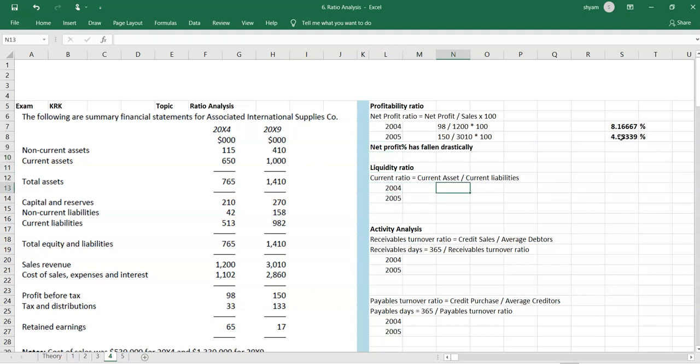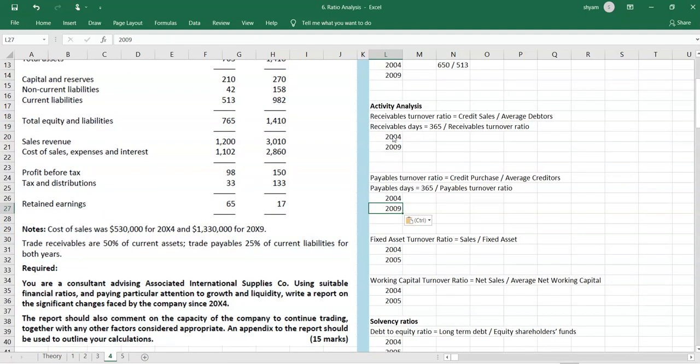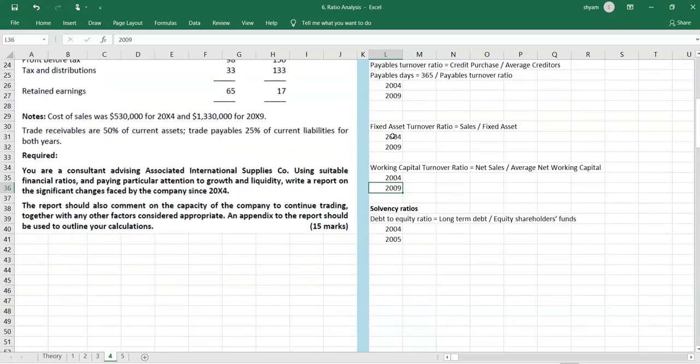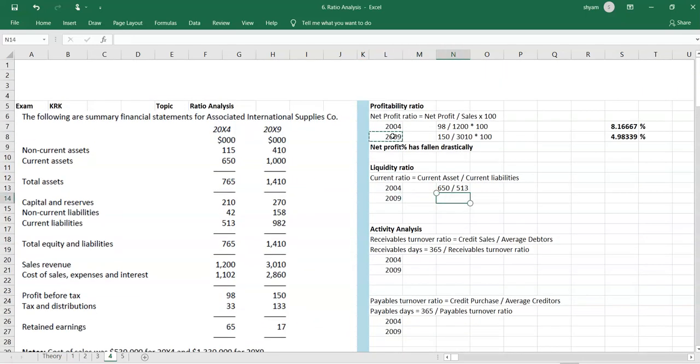Let's go to current ratio. The current ratio is going to be 650 divided by 513, and for 2009, I think the data was 2009, not 5, it is 1000 divided by 982.